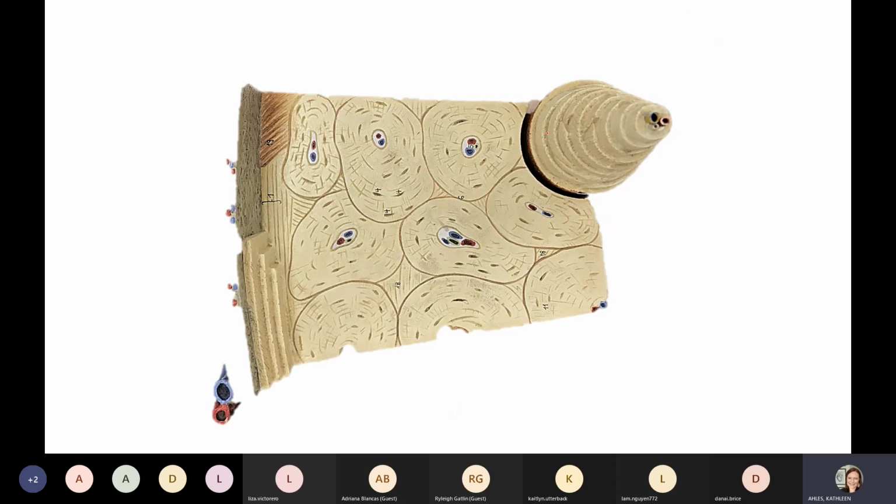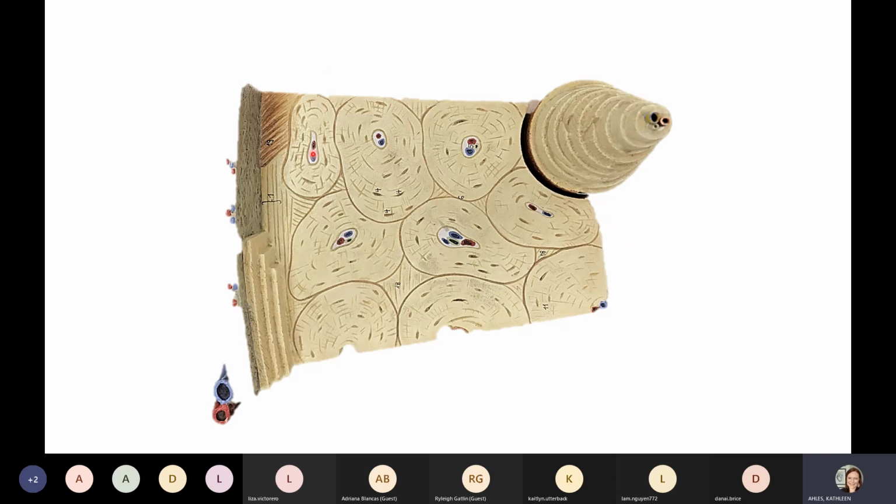We are looking at compact bone. Right now I'm looking at my compact bone model from the upper part. I'm going to go ahead and put my pointer back on. So I'm looking at my compact bone model from the top down. So this looks a lot like the tissue that we just looked at. Now we're seeing it in model form. So let's label some things together on this compact bone model.